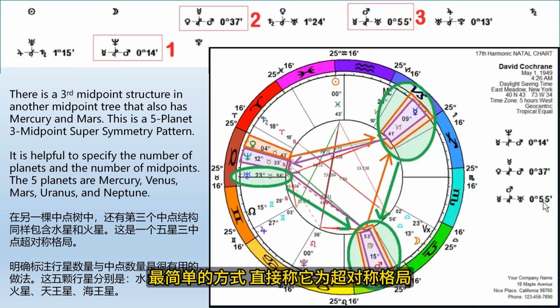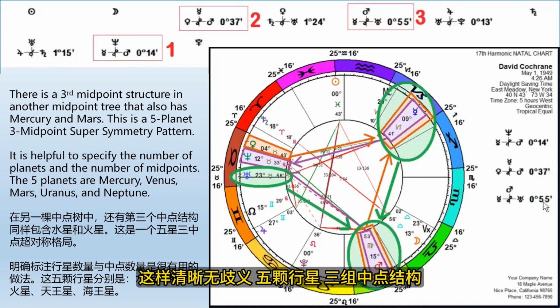What do you call it? What are you going to call this planetary configuration? The simplest thing to do is just call it supersymmetry. Just call it a 5-planet supersymmetry pattern. Even better is to call it a 5-planet, 3-midpoint supersymmetry pattern. Just makes it clear, no ambiguity.